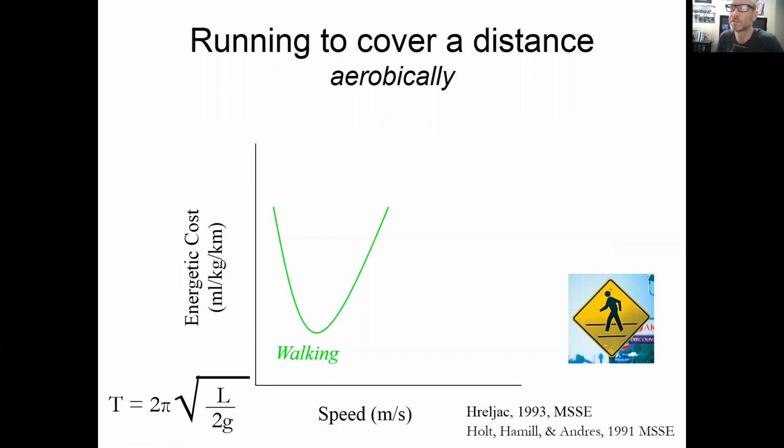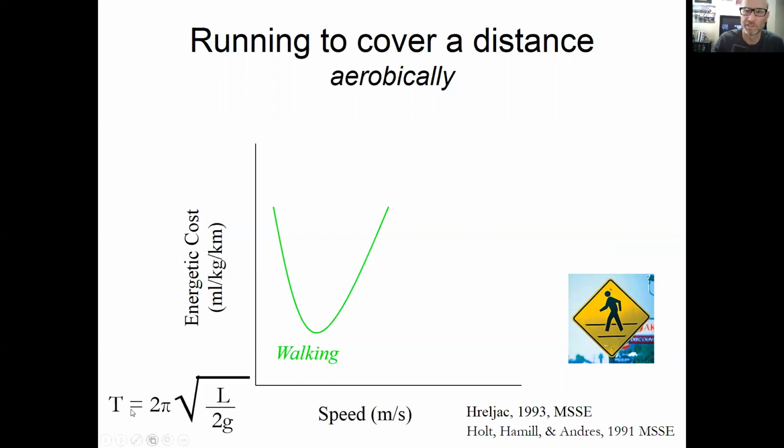There's a speed somewhere between going really, really slow and really, really fast walking. That's the minimum. Interestingly, when you walk across campus and you just sort of walk because you're just self-selecting a speed, you probably pick this speed that results in the least amount of oxygen consumed to cover that distance.